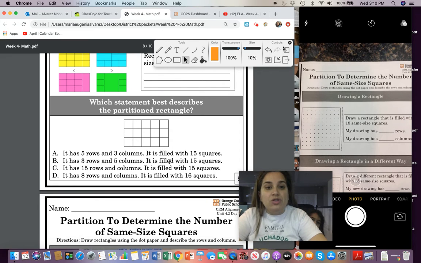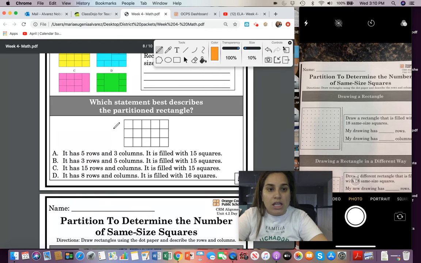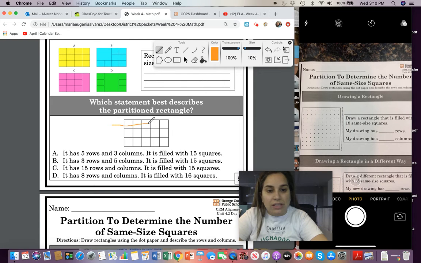Which one describes this rectangle and how it's divided or partitioned? It has 5 rows and 3 columns. Remember that rows go sideways. This is one row, this is another row, and this is another row. So this rectangle has 1, 2, 3 rows.